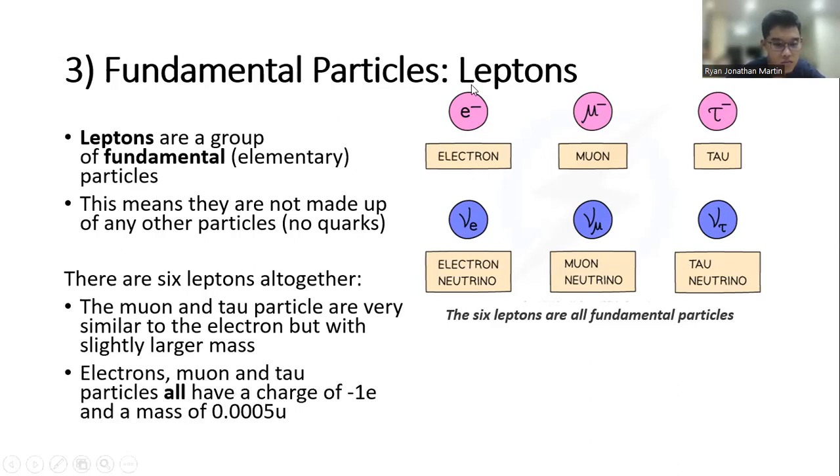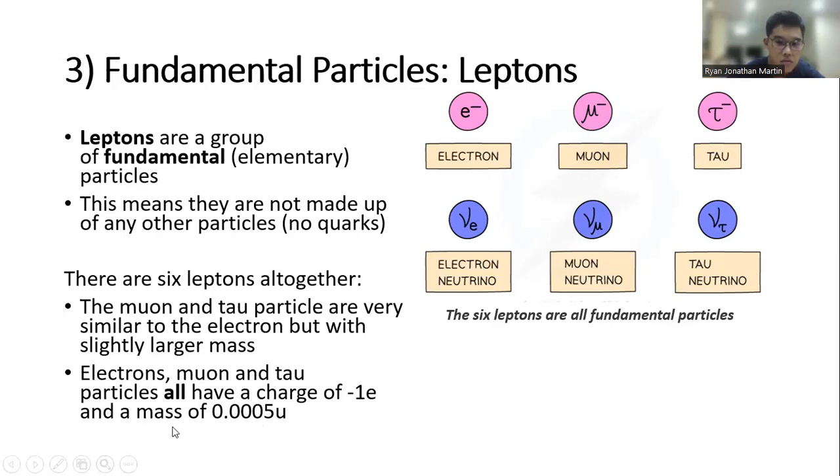Electron, right? This electron, that's your muon, mu for muon, negative there, tau, negative there. Electron, muon, tau particles all have the charge -e and a mass of about 0.005 u. This one is a bit larger, right?